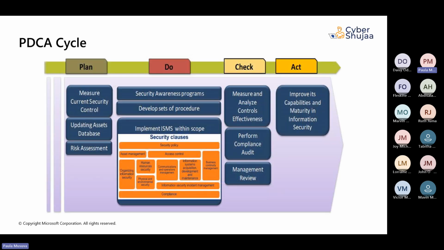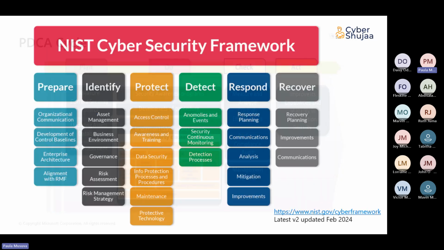Even in terms of their cycle, this is something that's in the ISO: Plan, Do, Check, Act, as a continuous way of improving cybersecurity in an organization. And PDCA actually keeps on looping. It's something you do continuously as you continuously improve on the security posture of your organization.